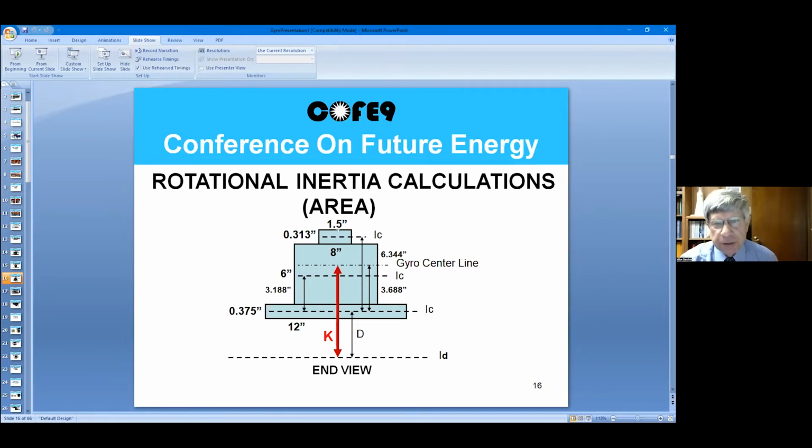The top plate is 1.5 inches by 0.313, and it sets 6.34 inches above the base plate. Now, the number that you want is from the gyro center line to that point of rotation, which is called the radius of gyration, or the K factor. That's the number you're trying to get.